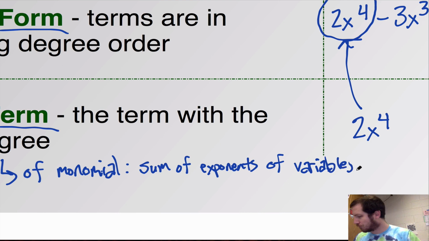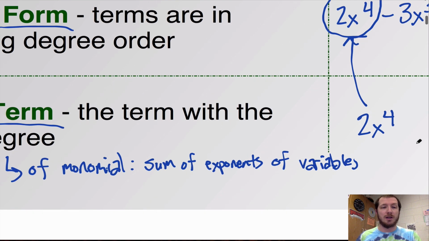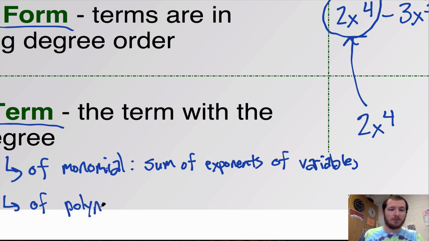And since we're dealing with not just monomials but other types of polynomials, to find the degree of any polynomial, we take the largest of the degrees of the monomials in that polynomial.